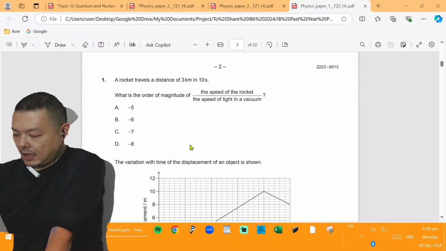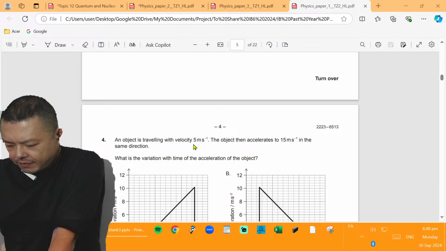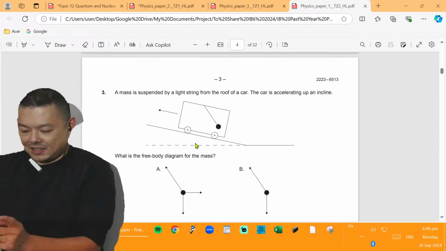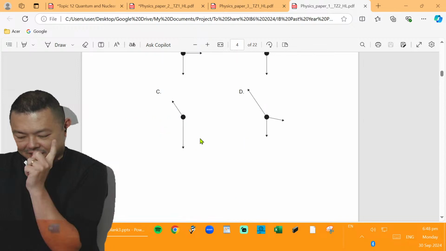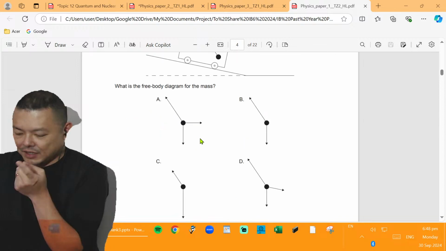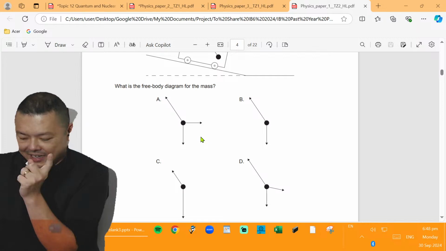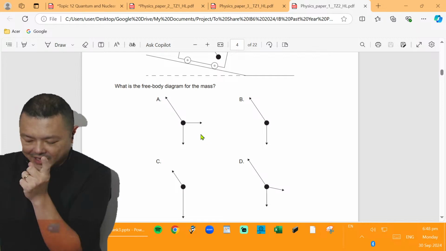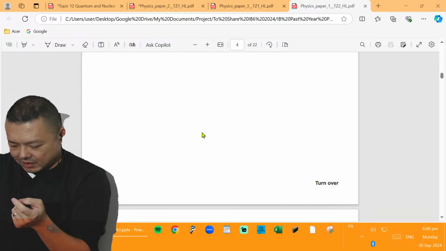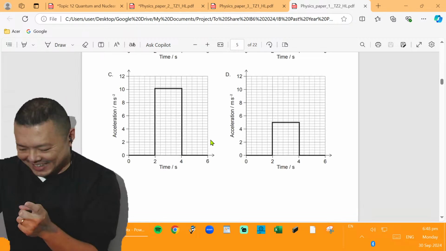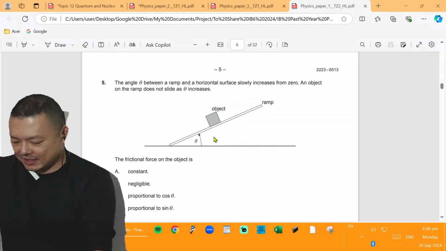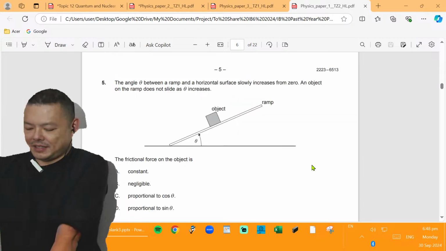Question 5 first. Let's look at 5. 3 don't need, 3 you know how to figure this out, right? You show me A and D, you choose either A or D. 5, okay. What's this?